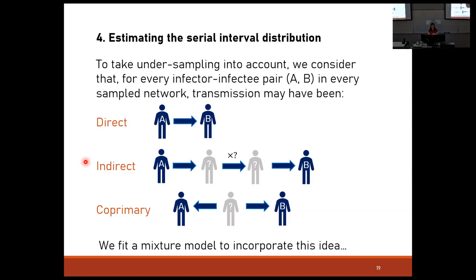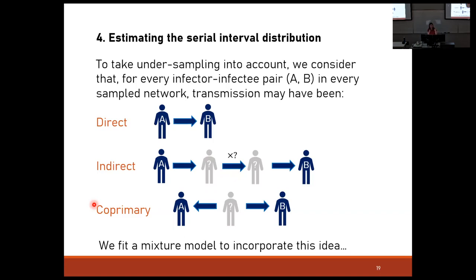In an extension to what Vink et al. did, we consider a potentially infinite number of missing cases in between. In practice, we wouldn't want an infinite number, but it could be one, two, three cases, as many as you want. Lastly, we consider co-primary transmission: the idea that somebody outside of the cluster, whom we didn't sample, infected both of our cases, A and B. Similarly, we use a mixture model to incorporate this idea.